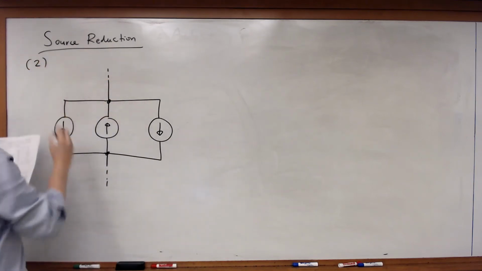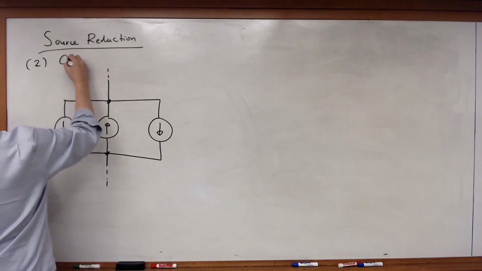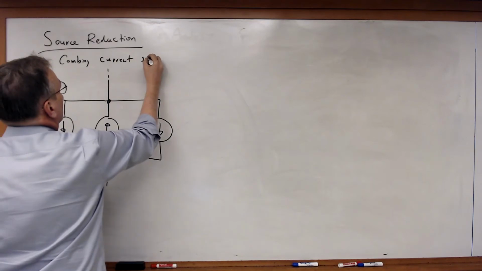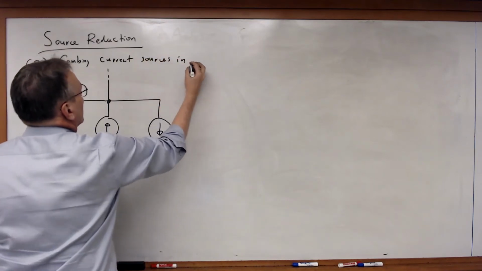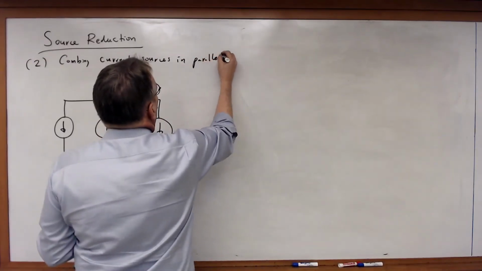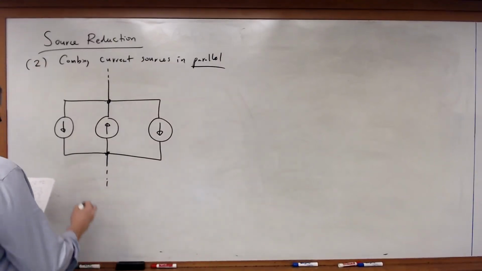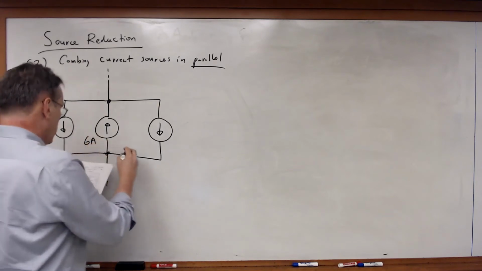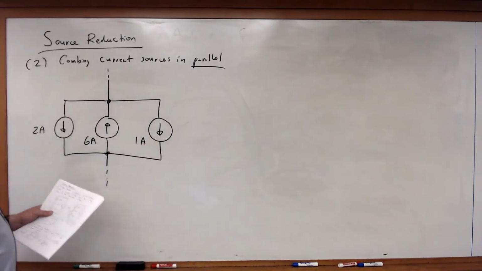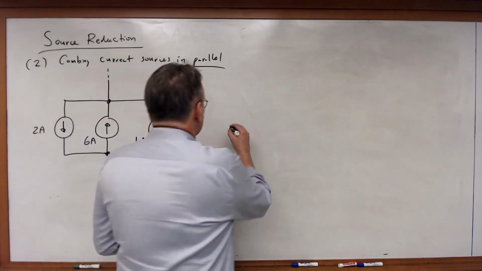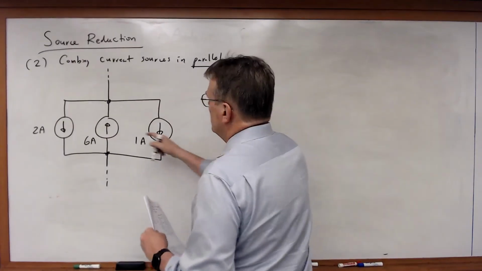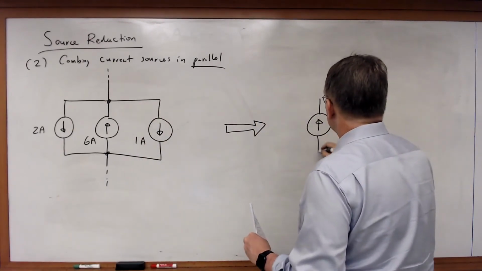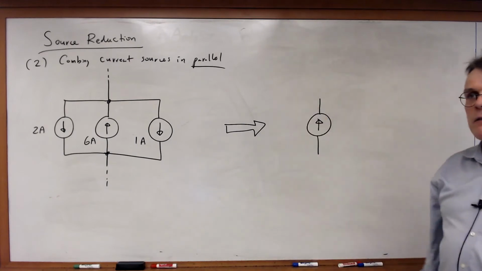So here I've got current sources in parallel. And in this case, this is 2 amps, this is 6 amps, and this is 1 amp. And what I want to do is once again perform a transformation, where in this case I'm going to replace those 3 current sources with a single current source flowing in this direction.